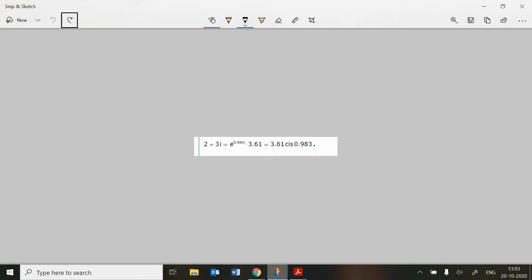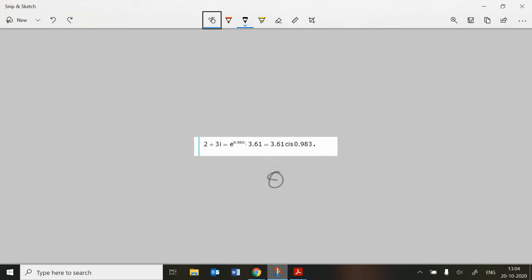Now you need to recognize that this part here is your angle. So this is theta i, if you like. This bit is theta, and this bit here is your r. So you need to recognize that in order to write it like this yourself.